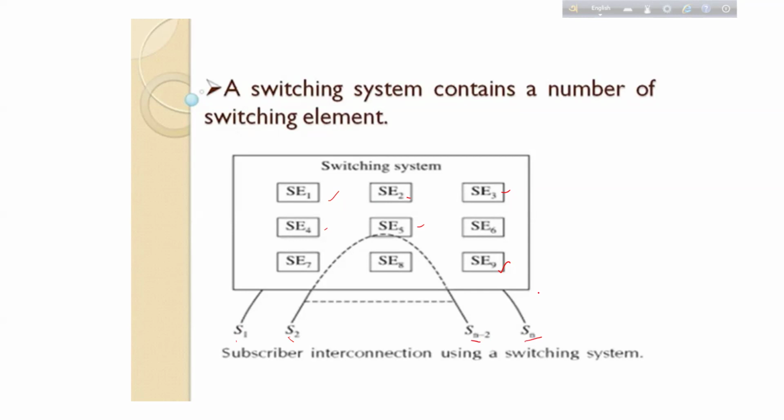When we are trying to connect this subscriber with this subscriber, we can connect them using some switching elements. So this is basically a switching system. A switching system contains a number of switching elements.